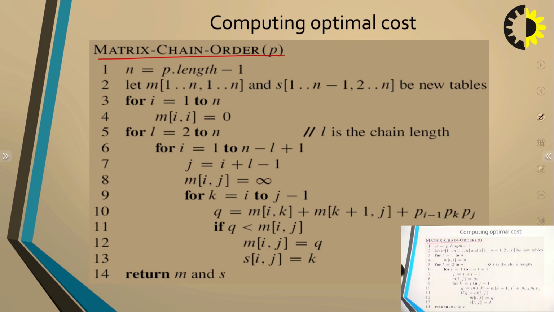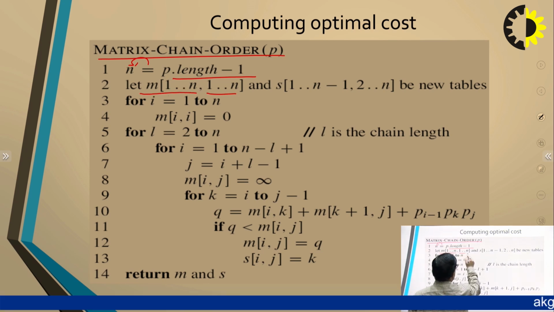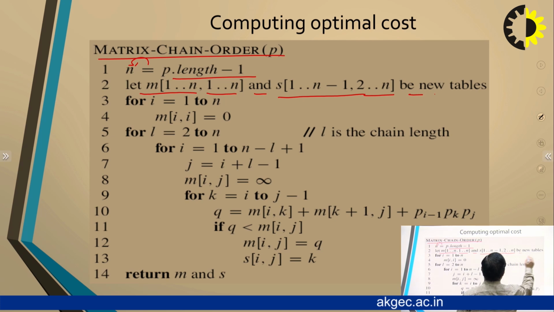So suppose that in the starting way we have the length of the matrix P, then P dot length minus 1 is put into n, then let m be 1 to n and S the parenthesization matrix 1 to n minus 1 and 2 to n be in row tables.